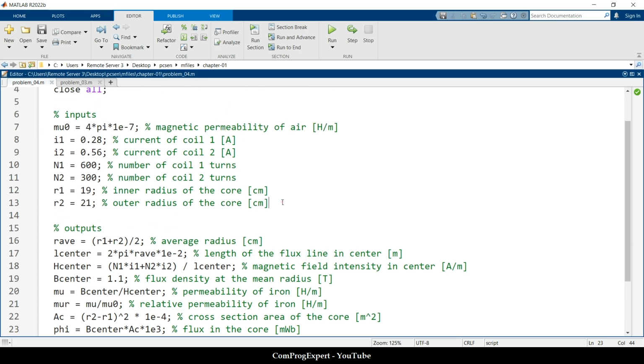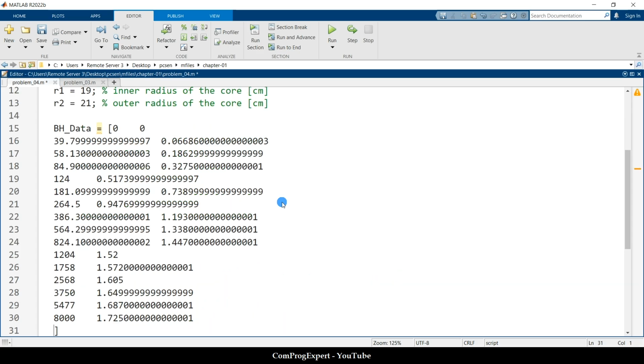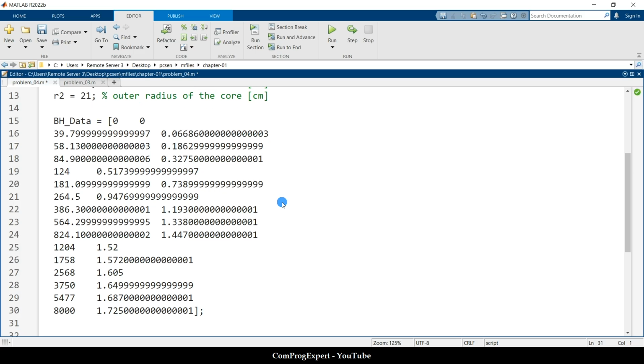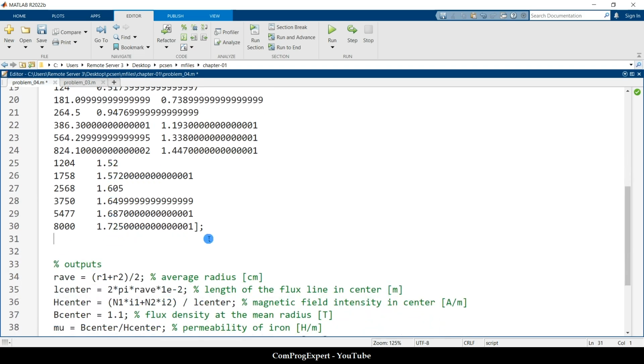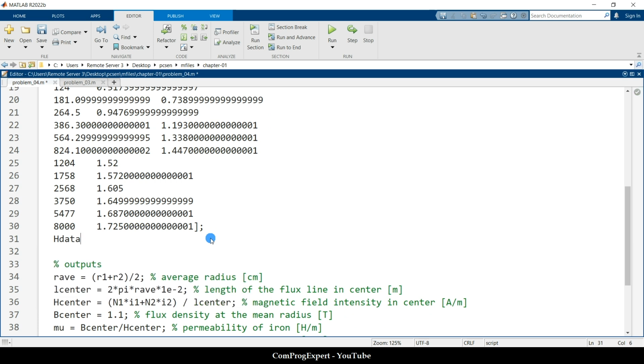Let's define also this variable, BH data, equal to this matrix. So the first column is the H data.